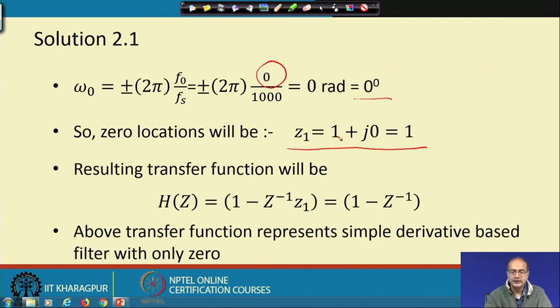So, we are keeping the model order as 1, and here we get the transfer function in this way. As it is a single zero, the polynomial equation and the pole-zero form look the same, and this is the transfer function which gives the simplest form of the derivative filter with only zeros.